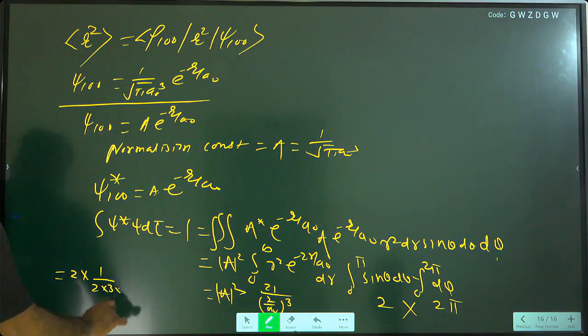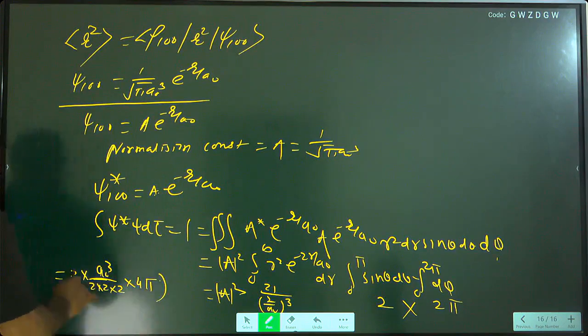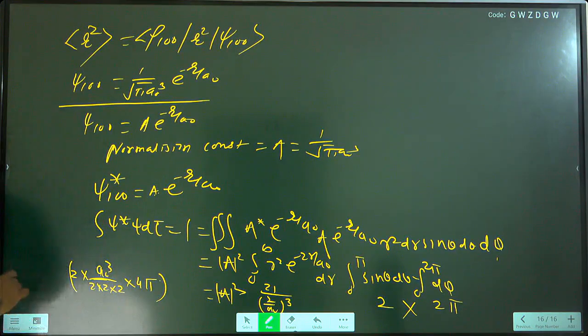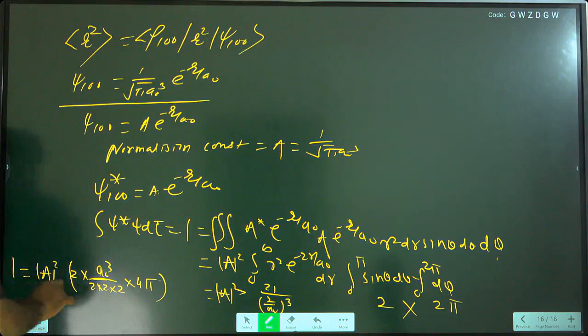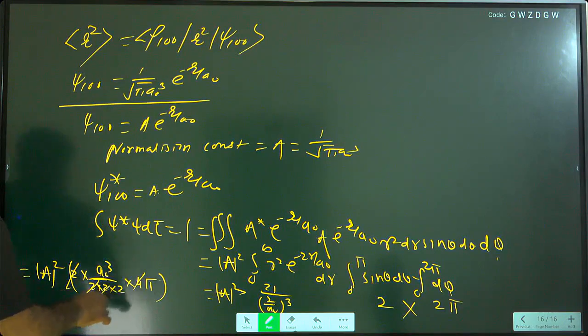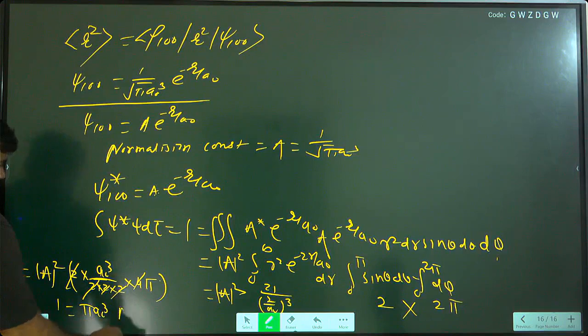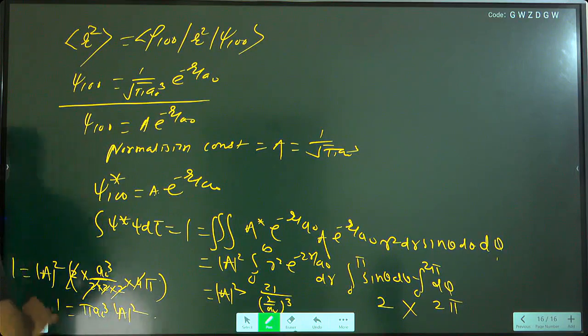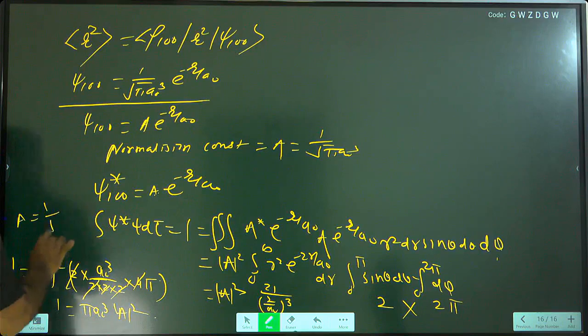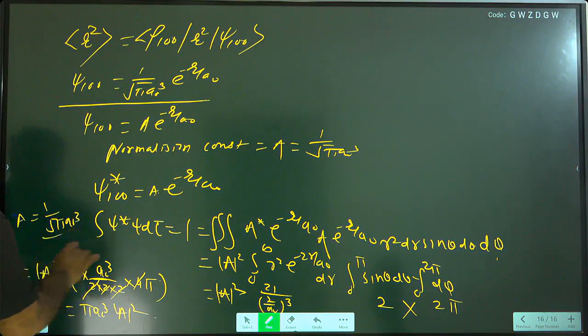This is equal to 2 upon 2 cubed, that means 2 into 2 into 2, and a naught cube comes in the numerator, into 4 pi, mod a squared. Yes, 1, 2 and this 2 get cancelled, so 1 is equal to pi a naught cube into mod a squared. That means the value of a is equal to 1 upon under root pi a naught cube, so the given function is normalized.